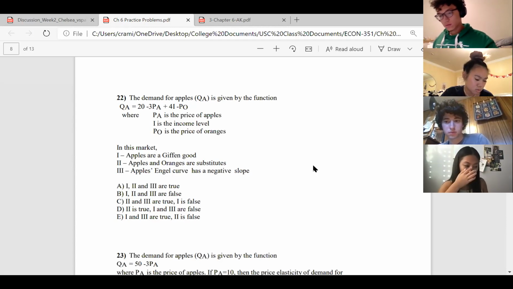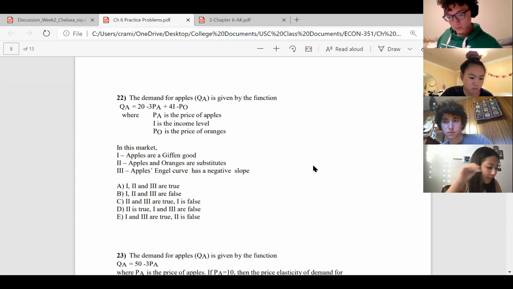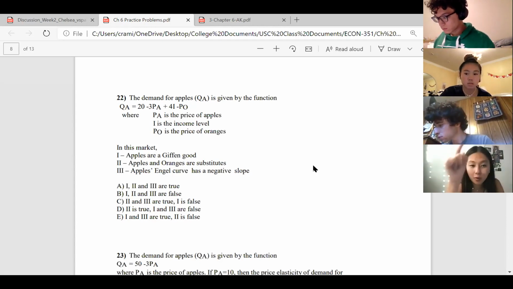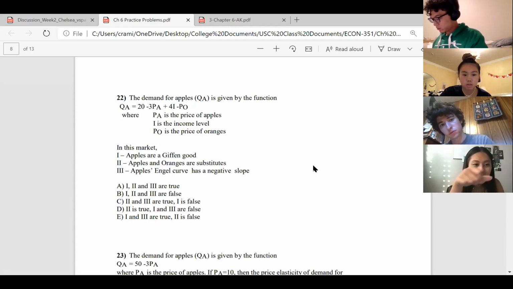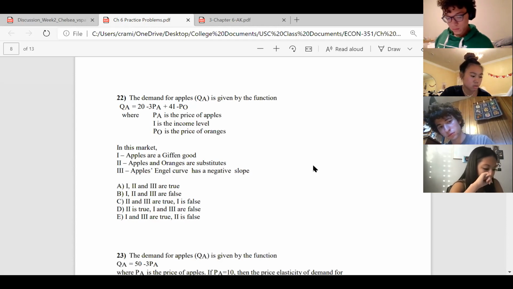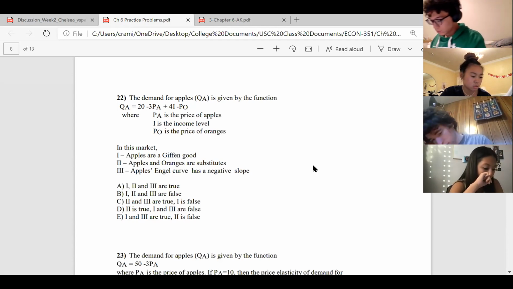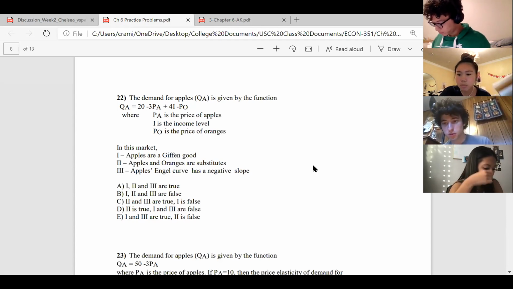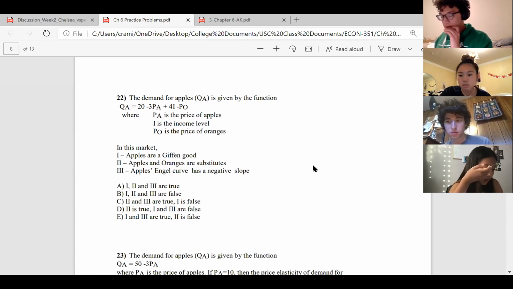I'm looking at her PowerPoint notes right now, and it says if the coefficient that comes before the price of oranges is negative, then the two are complements, and if it's positive, then they're substitutes. Wait, mine says that if the coefficient's negative, they're substitutes.